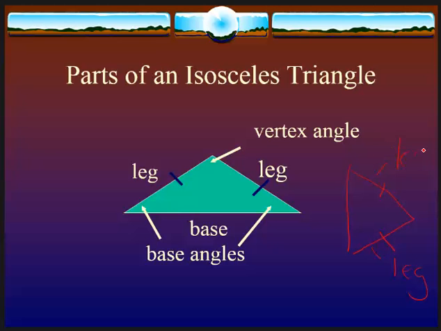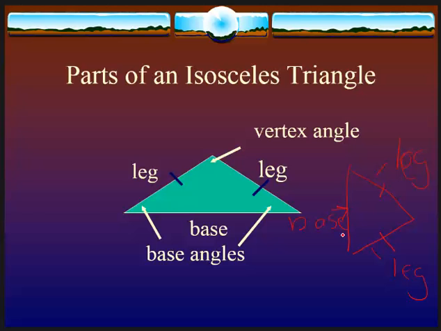And my base would be, there we go, this would be my base. So the orientation will determine where the base is in your picture on your plane, but look for the markings to determine which ones you would label leg and which one you would label base.